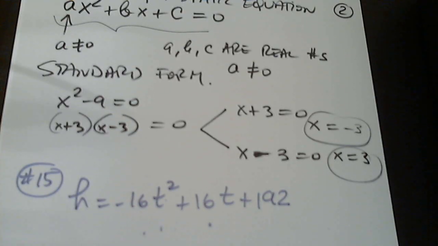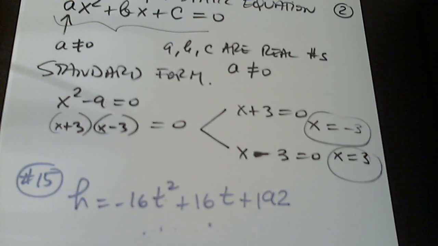So when it hits the ground, we don't know what the time is. That's what we are trying to find. But what is the altitude? Because h is the altitude. So the formula describes the height above the ground, h, in feet.